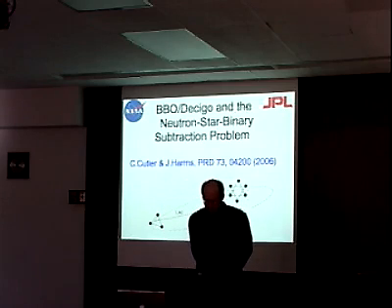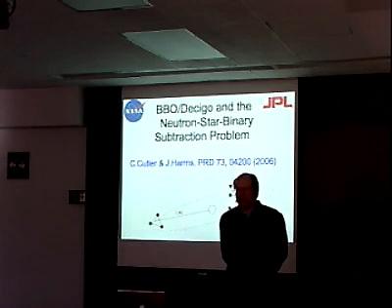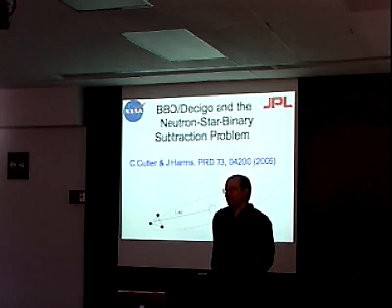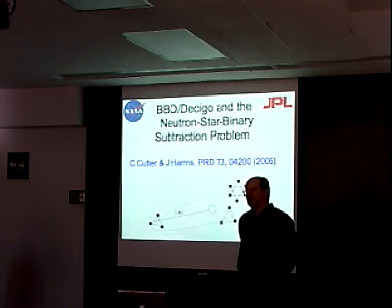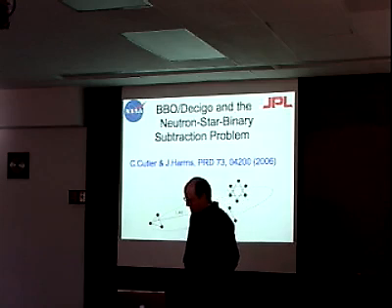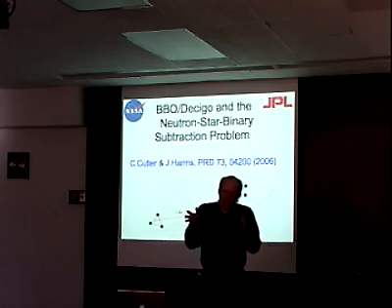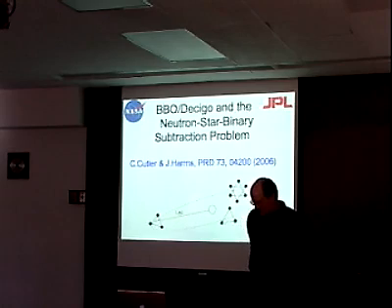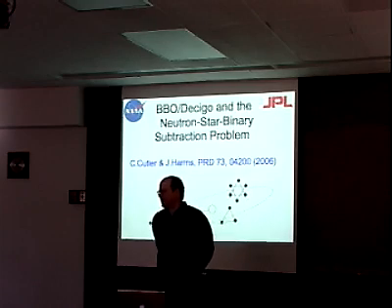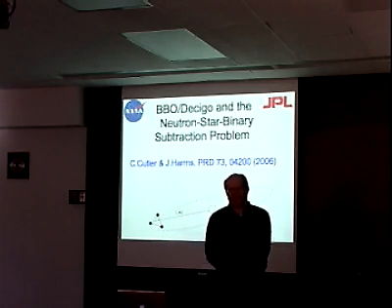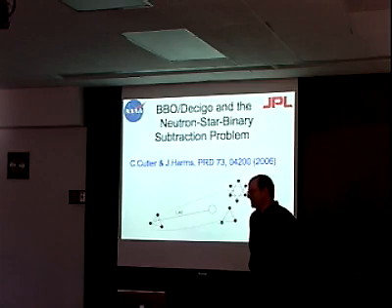This challenge is what has led people to dream of what I might call a super mini LISA, a LISA with much more powerful lasers, bigger mirrors, and 100 times smaller, which in the United States goes by the name Big Bang Observer, or BBO, and in Japan goes by the name DECIGO, for decihertz.